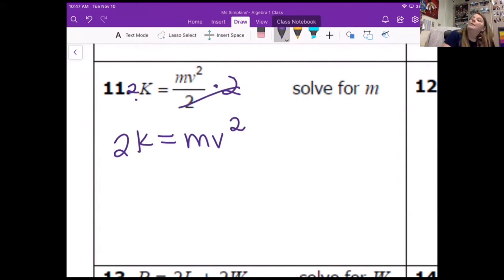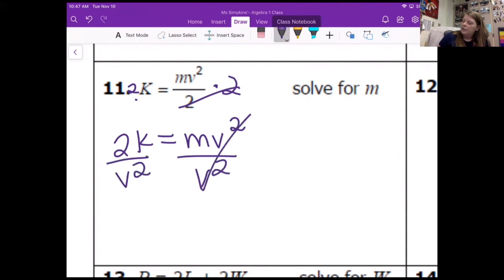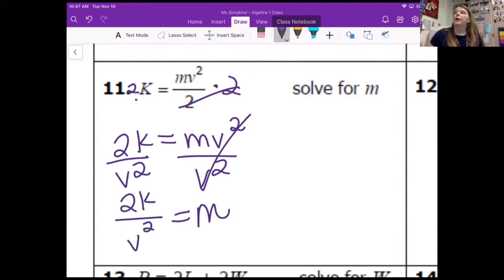Right now M is being multiplied by V squared. We want to do the opposite, which would be divide by V squared. So your answer would be M equals 2K over V squared.